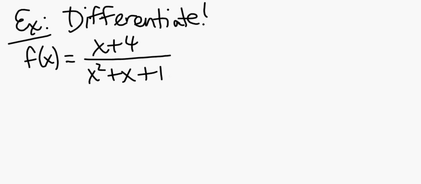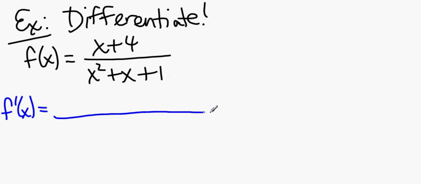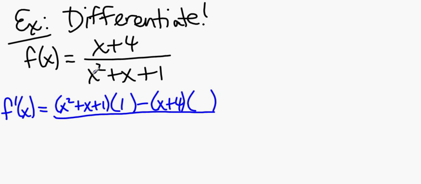There it is. So let's take a derivative. Taking a derivative should be straightforward because we have a song. It's the bottom times the derivative of the top. Now the derivative of the top, the derivative of a constant is 0. The derivative of a line is its slope. Minus the top times the derivative of the bottom.